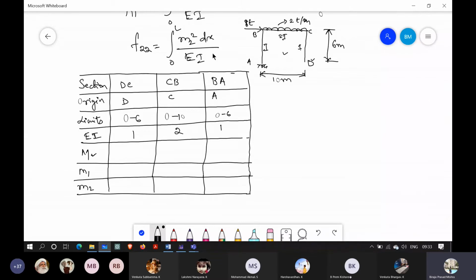As I said, it is the moment at any section or any point due to the applied loads. Let us say I'm considering this segment DC, and taking X from here.